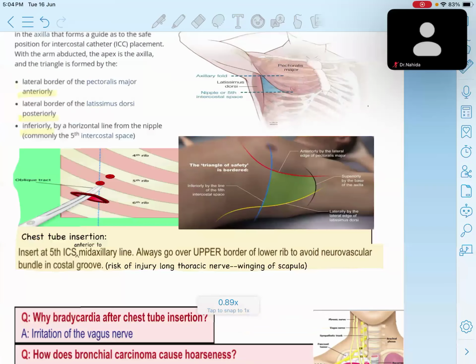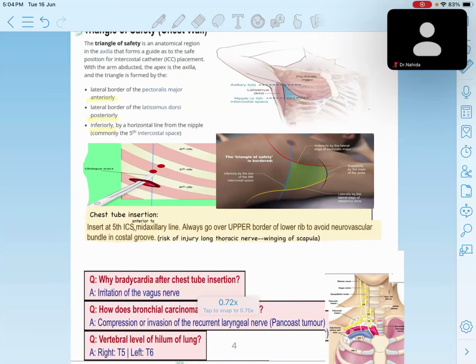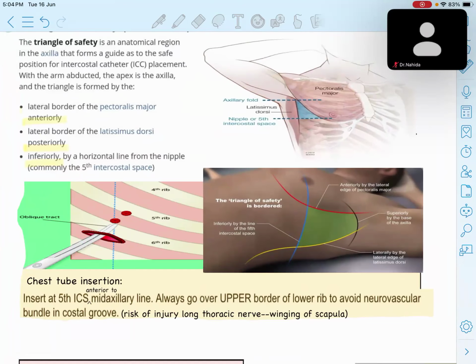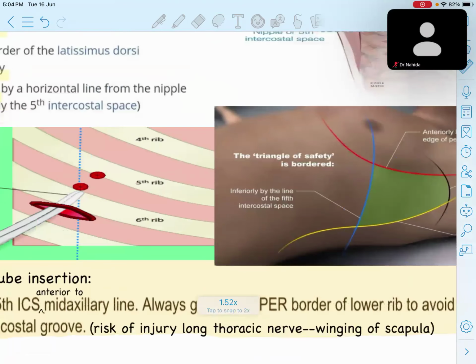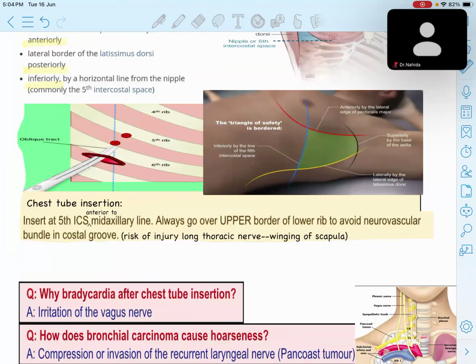And what is its clinical importance? Intercostal catheter placement, that is, chest tube insertion, is the main clinical importance. You have to insert at the fifth intercostal space, anterior to the mid axillary line. Here you have to tell anterior to the mid axillary line.